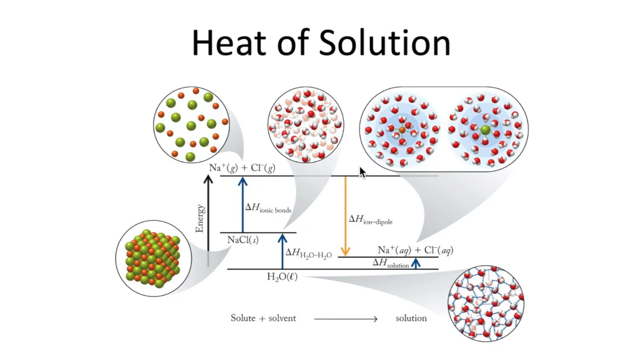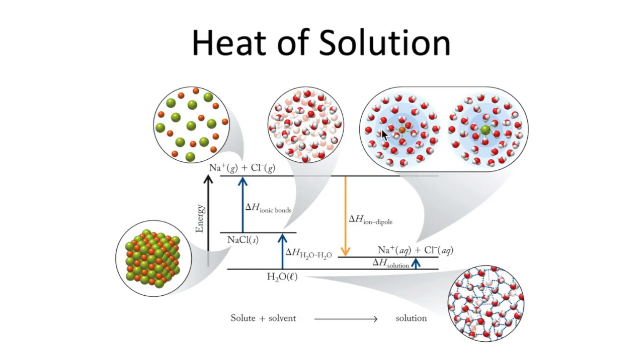And then on the other side, we're going to be forming these ion dipole forces. So this diagram sort of shows these layers of water molecules surrounding our positive and negative ions. And those are making ion dipole forces. And in this case, our ion dipole forces are slightly smaller than the overall energy that we need here to break apart the hydrogen bonds and the ionic bonds.